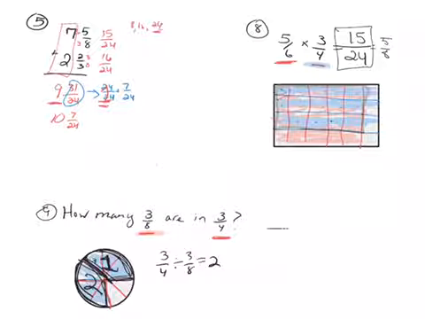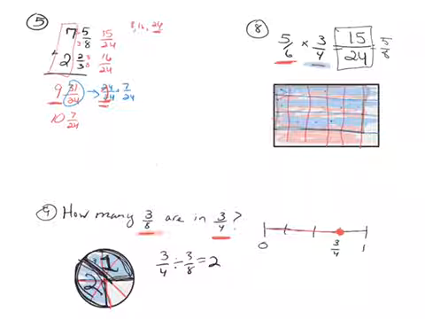Another option you have is using the number line. So if we look at our number line, this is from 0 to 1. I'm going to divide it up into fourths. So here's my 3/4. So this is how much dog food I have left, from 0 to 3/4. And I have Henry eating 3/8 of a bag a week.